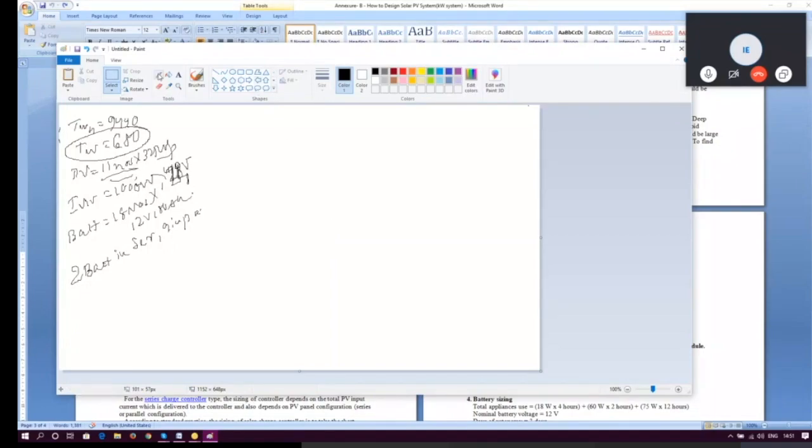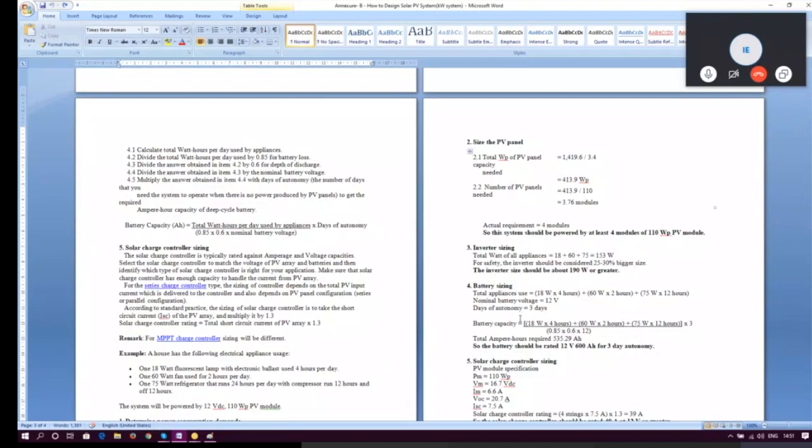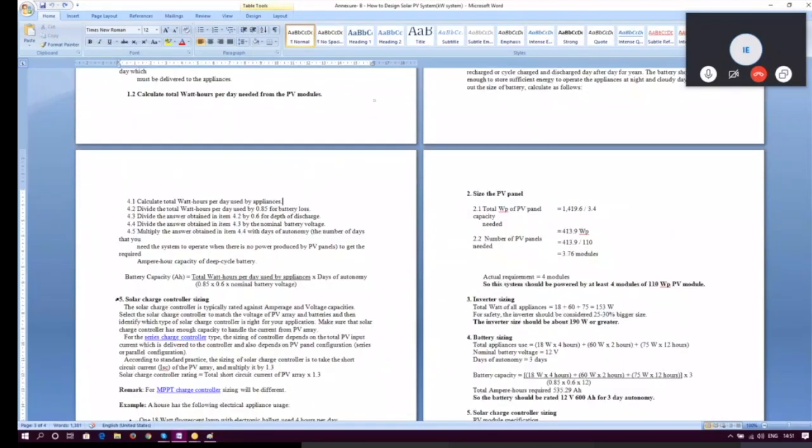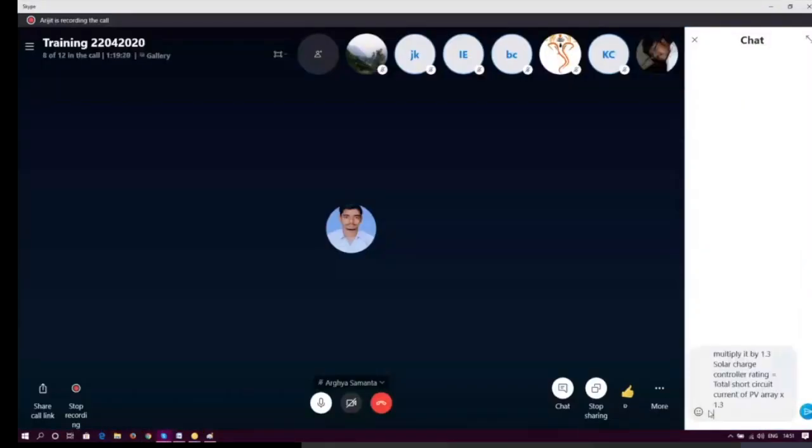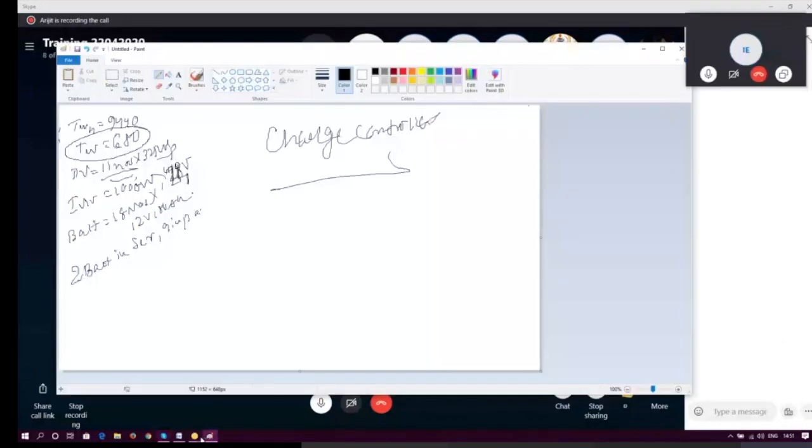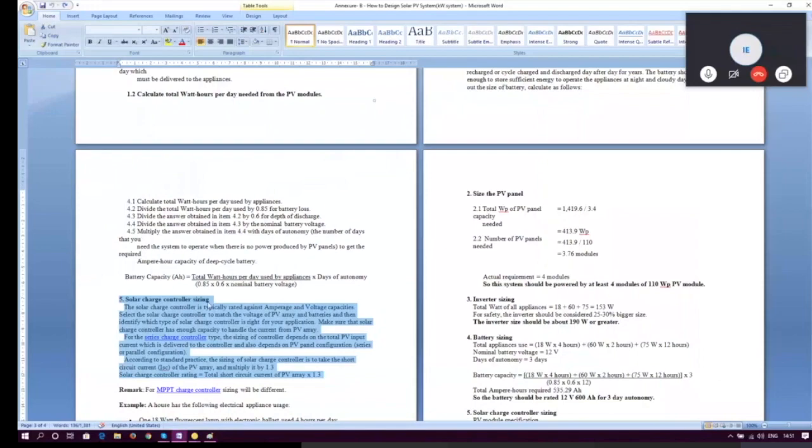Okay, so the next design we are going to do is charge controller sizing. A charge controller is nothing but a protection device for the battery.